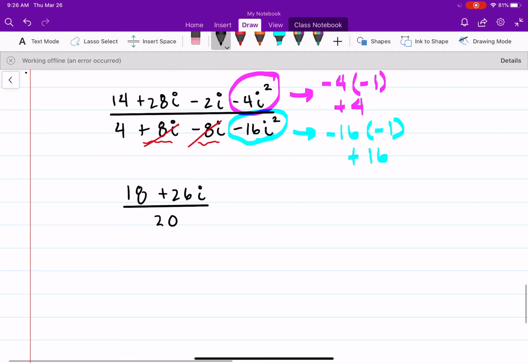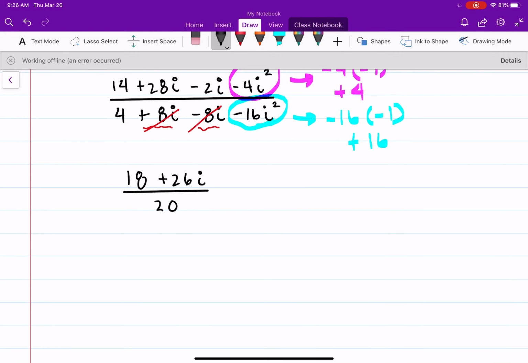Now from here, I can simplify this using the triangle method. The triangle method says that if the coefficients of these three are outside the house and something can go into all three, then we can reduce. What goes into 18, 26, and 20? 2 does, so we get (9 plus 13i) over 10.